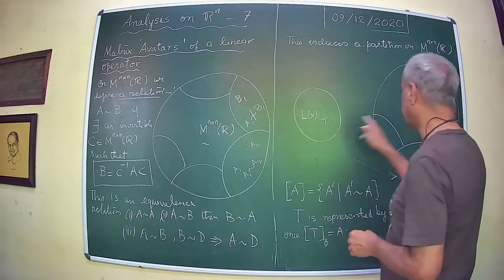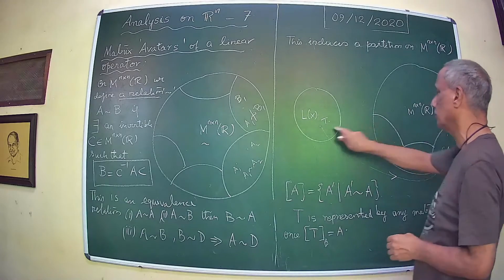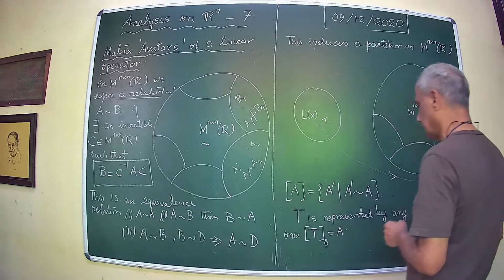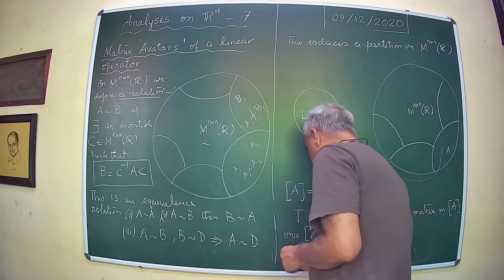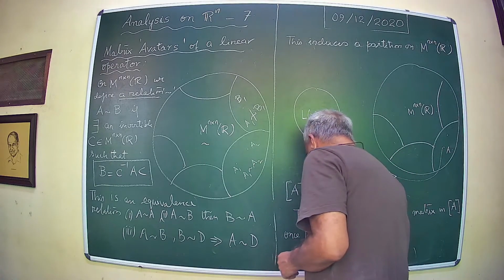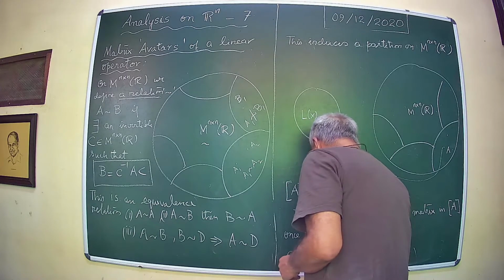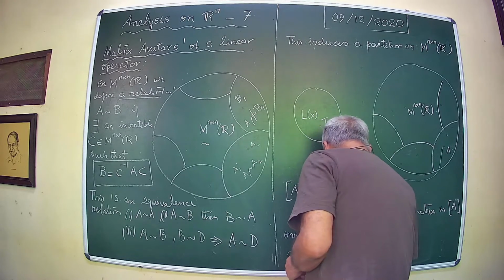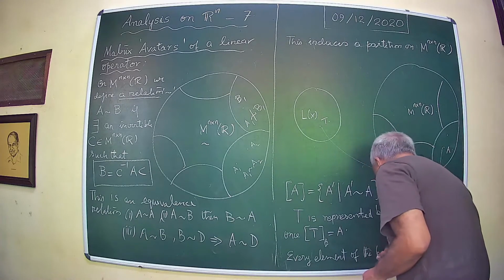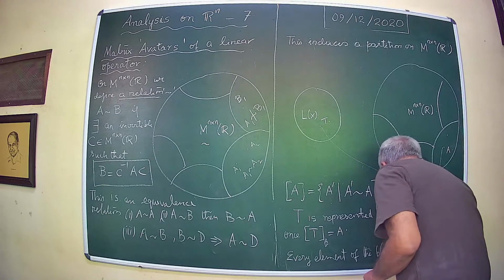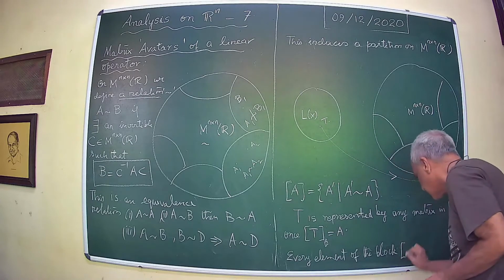Now each partition block corresponds to an abstract linear transformation. So every element of the block represents it.